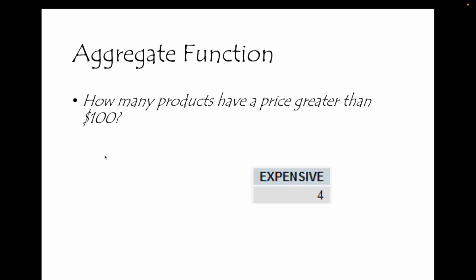In this kind of question, as I told you previously, if you need to apply multiple steps, you can test the result in the middle and then move on. So before we apply the aggregate function, first we want to see which products have prices greater than 100. So let's try to develop that.